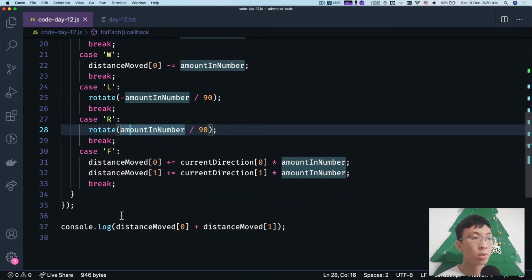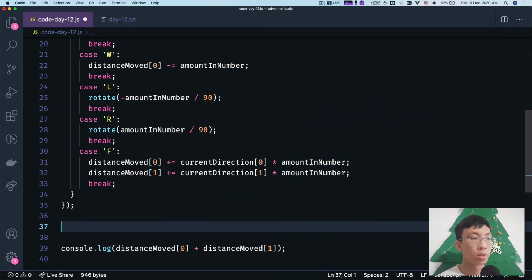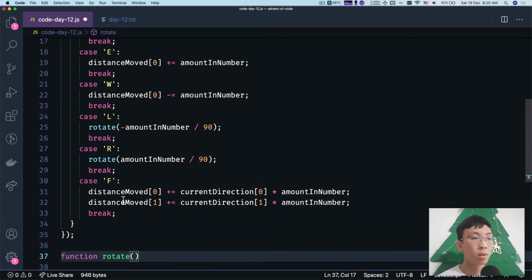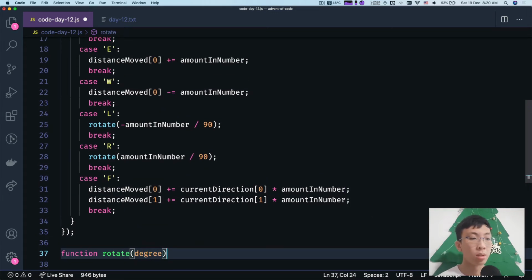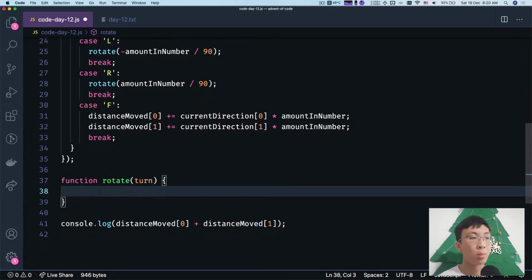Now we need to fill up the rotate function. Rotate by degree, or I would say turn, half turn. How much of a turn do you do? So first thing is that we need to normalize the degree itself.